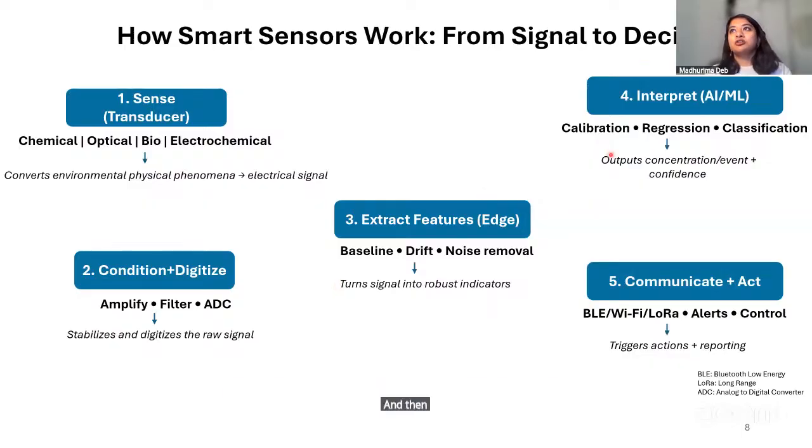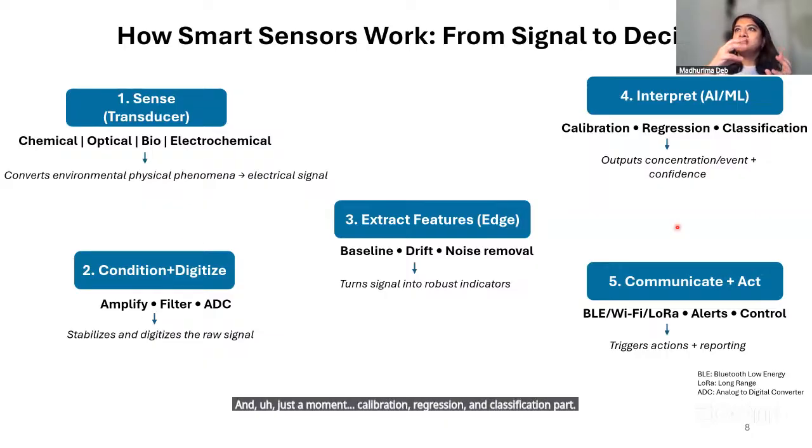And then comes the interpretation, which involves calibration, regression, and classification. So these two steps, 3 and 4, are the smart steps that make the sensor smart. And then comes the output, as I have already mentioned.